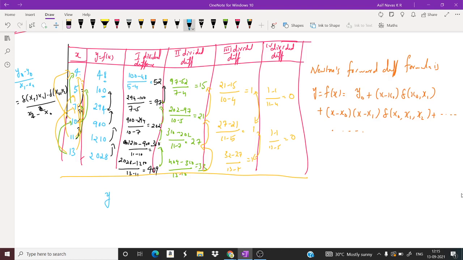In the question we have to find f of 8 and f of 15, right? That means when x equal to 8 and x equal to 15. So when x equal to 8, we have f of 8.